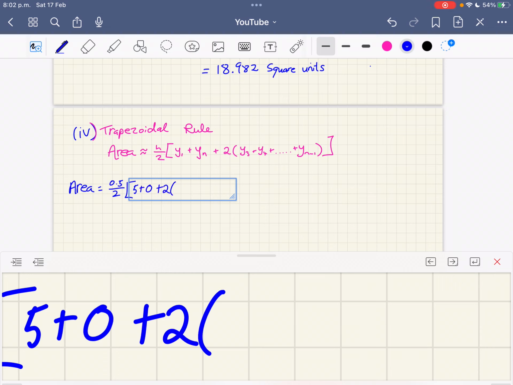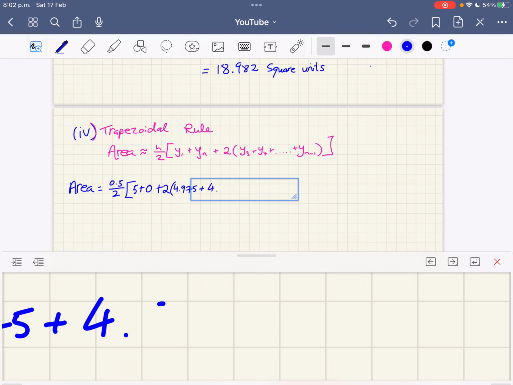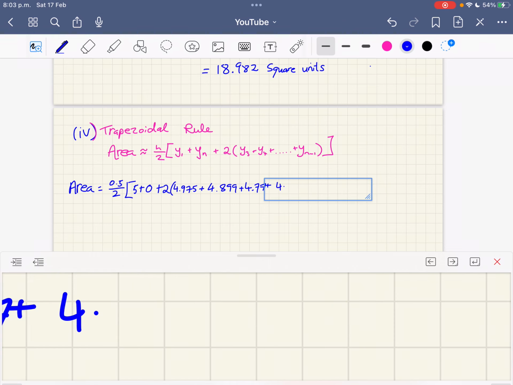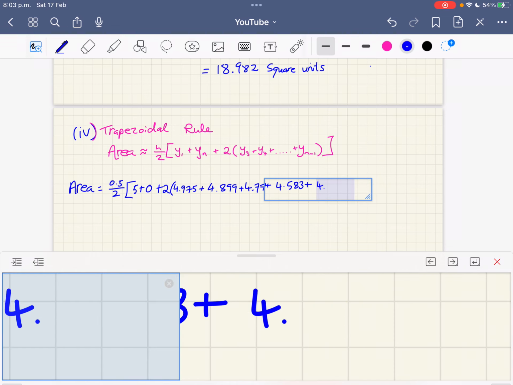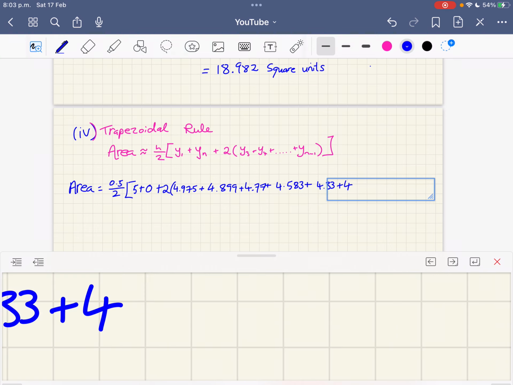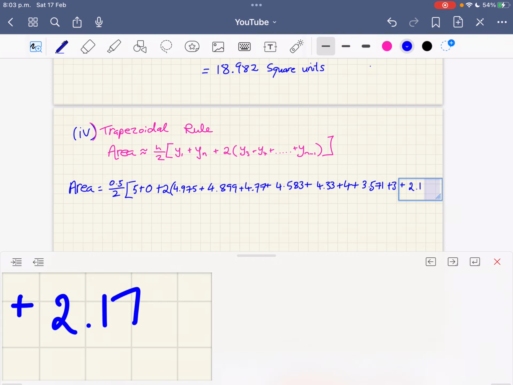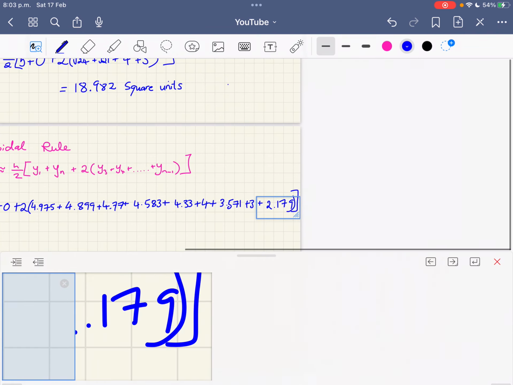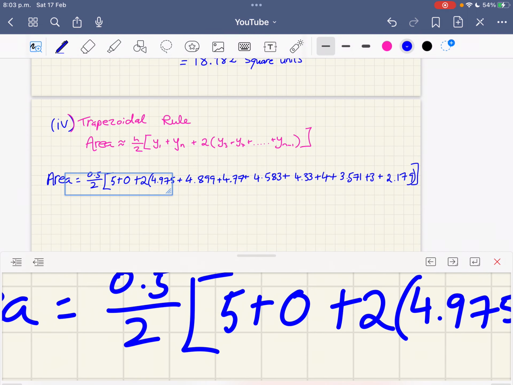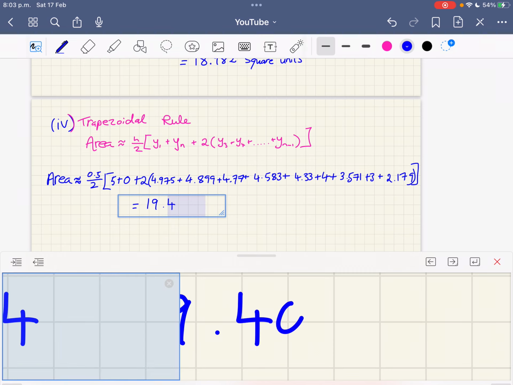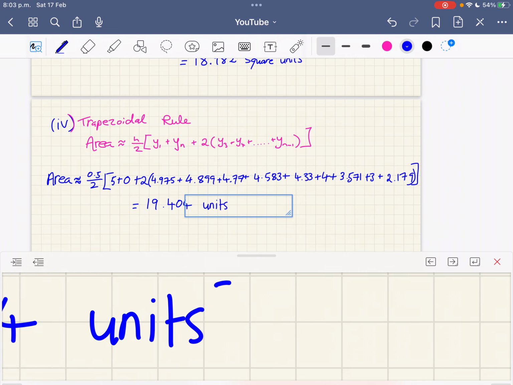And now we have 2 by 4.975 plus 4.899 plus 4.77 plus 4.583 plus 4.33 plus 4 plus 3.571 plus 3 plus 2.179, close brackets, and we can put that into your calculator all at once, and that gives us 19.404 units squared.